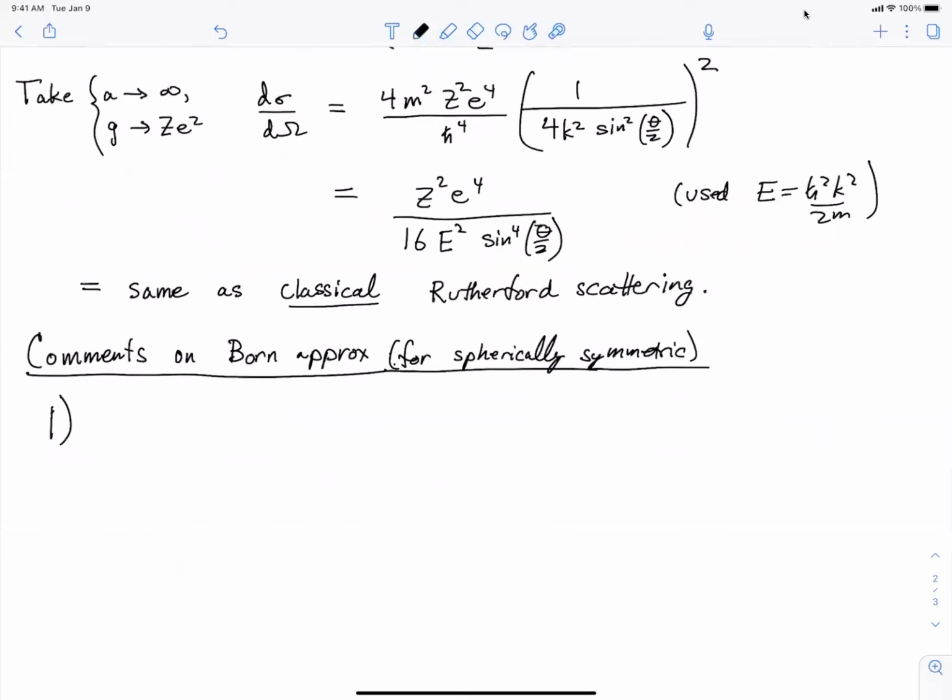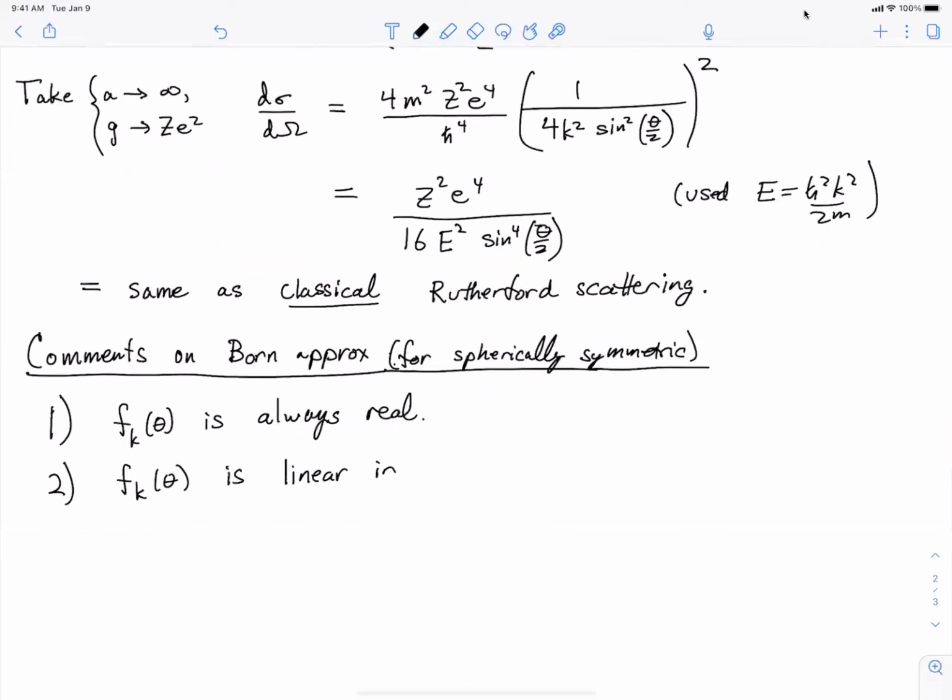Okay, so that's one thing, is that this is always real. And a second thing is that it's always linear in the potential. So if I make the potential twice as strong, my scattering amplitude will get twice as large, and then my cross-section will go up by a factor of 4.